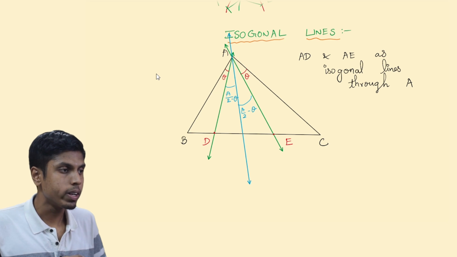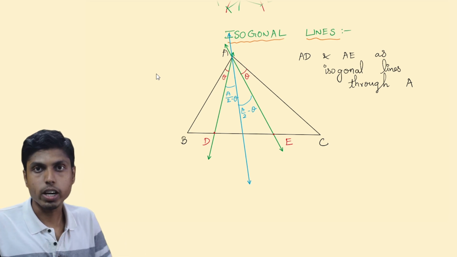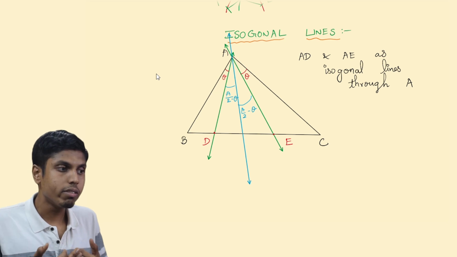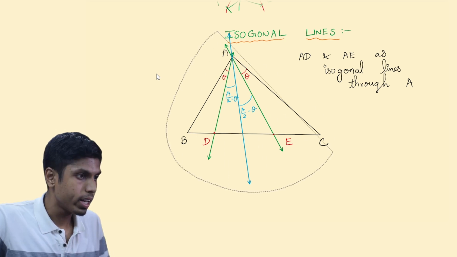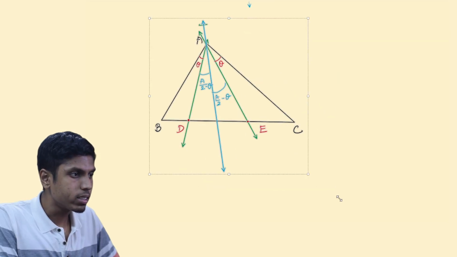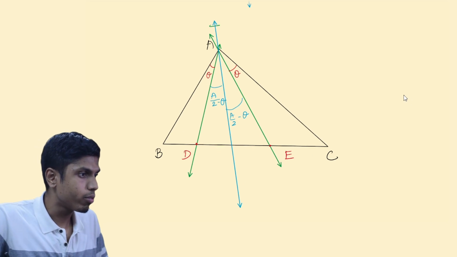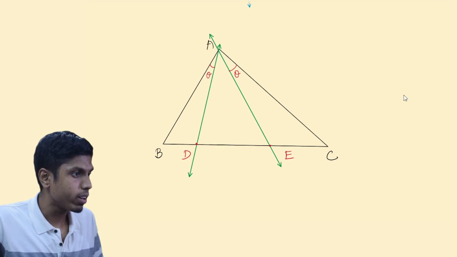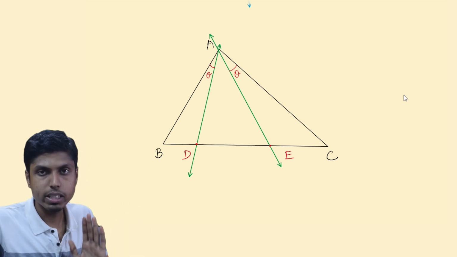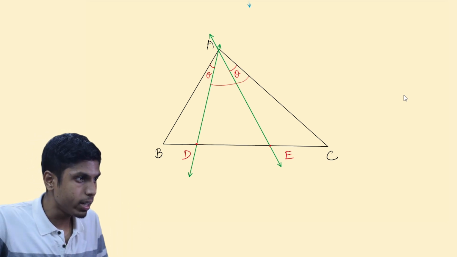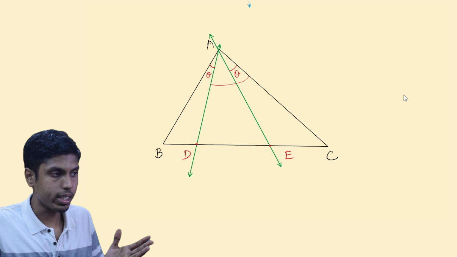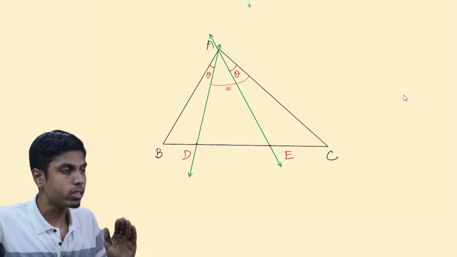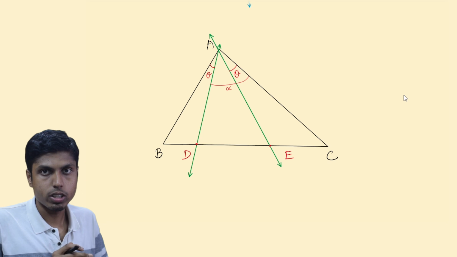Alright, let's now get to some ratio arguments of the points D and E which divide the segment BC. So let me take the same diagram and let us think about the ratios of division by D and E. Notice that if the angle made by AD with AB is theta, then the remaining angle would be A minus theta, which is made with AC. Let's call it alpha for the sake of easier notation.